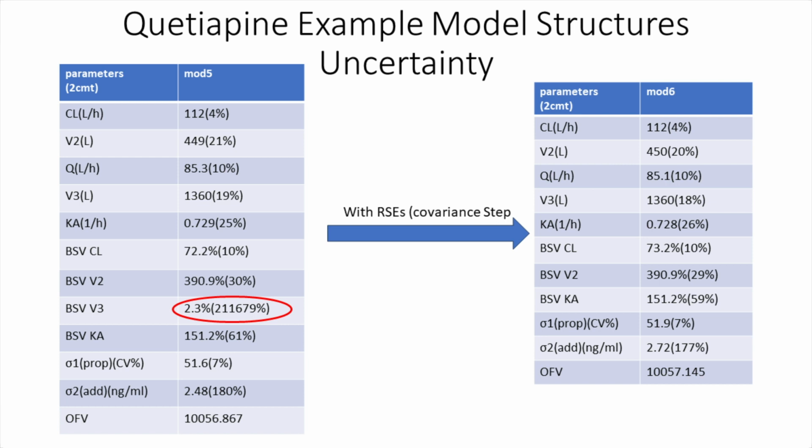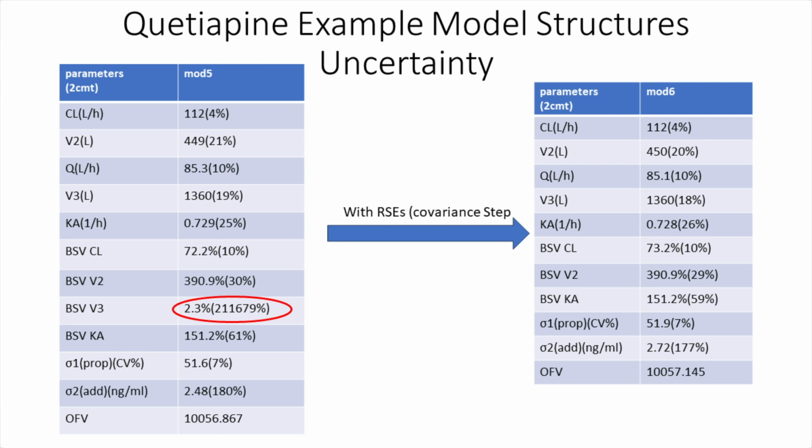The major exception is the between subject variability, or the omega V3. Again, we have a value of 2.3% in this case, but the uncertainty in this estimate is 211,000% plus, which suggests that value could assume just about any value, and you would get a very similar solution.